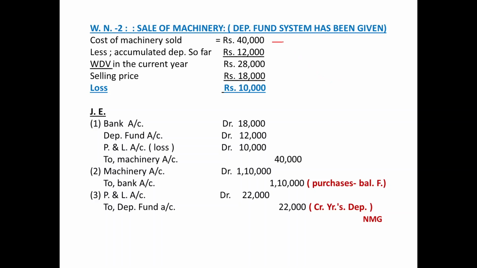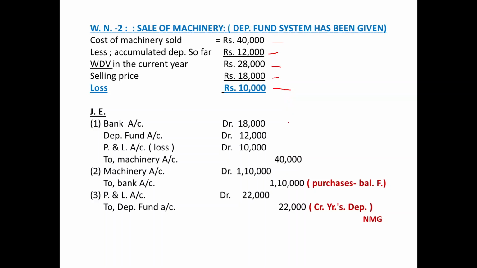Cost of machinery sold given in the additional information rupees 40,000, less accumulated depreciation so far rupees 12,000, gives the written down value rupees 28,000. Selling price 18,000. That gives a loss of rupees 10,000 that took place in the current year due to sale of this machine.